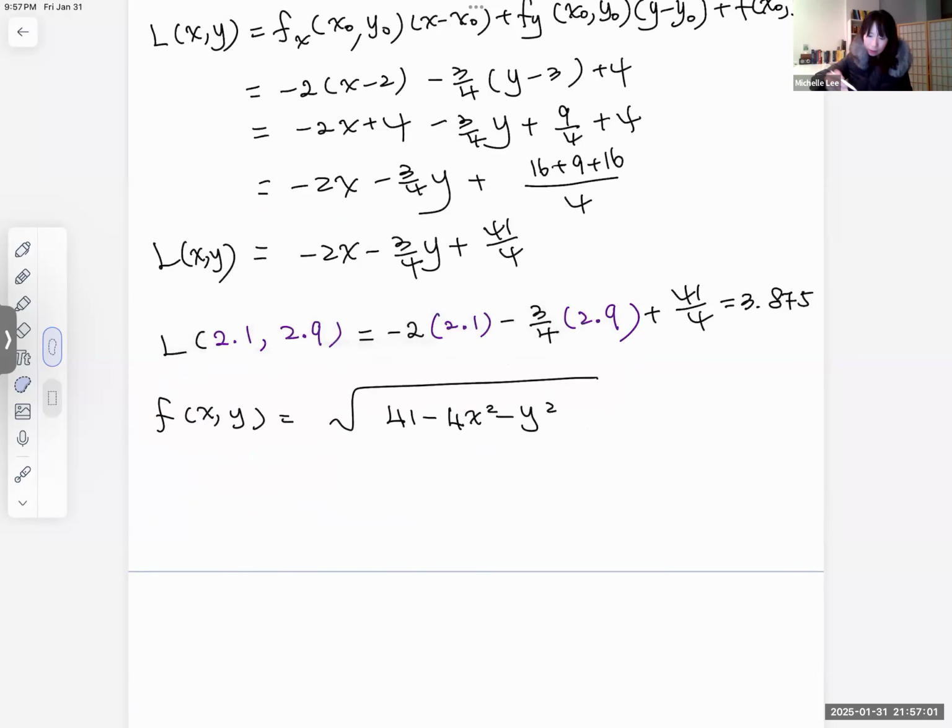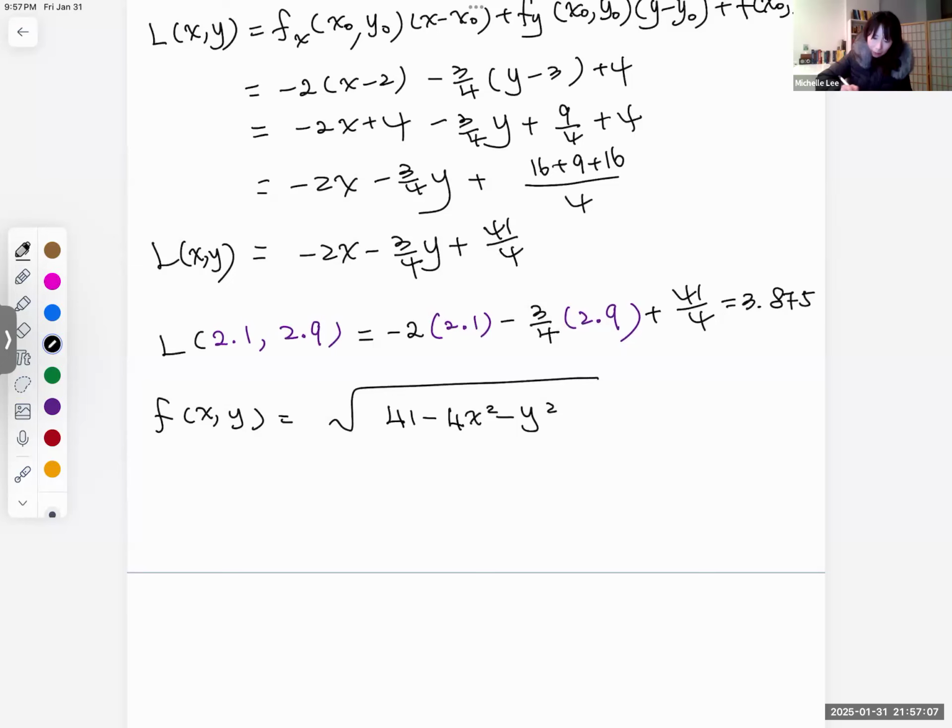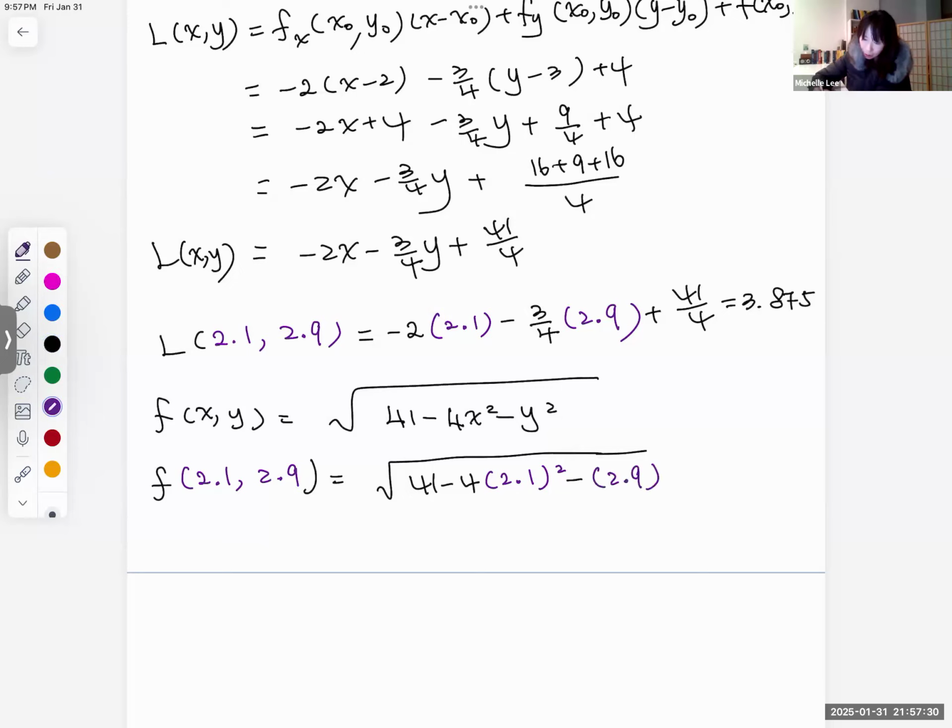So we have f of 2.1, 2.9, then the square root of 41 minus 4 x squared, 2.1 squared, minus y squared, which is 2.9 squared.